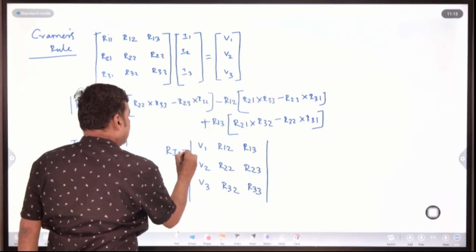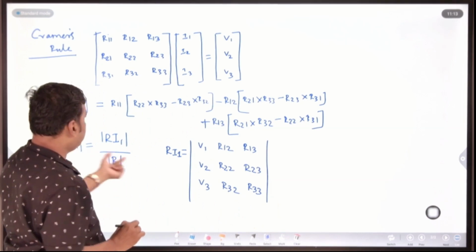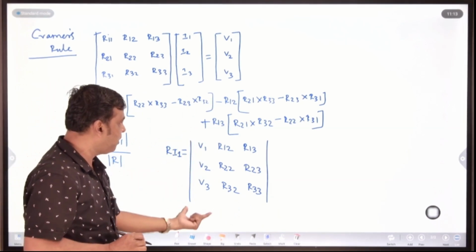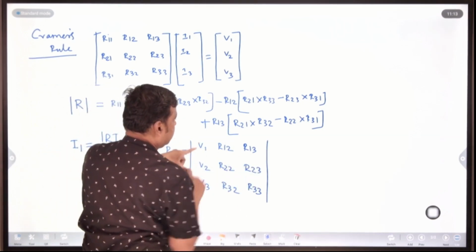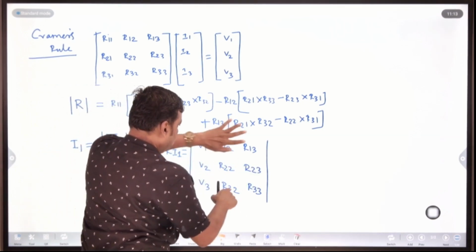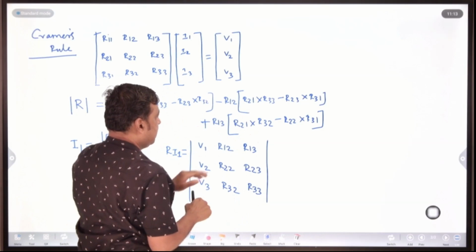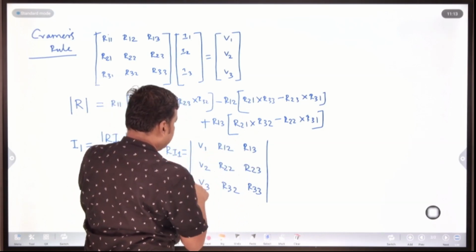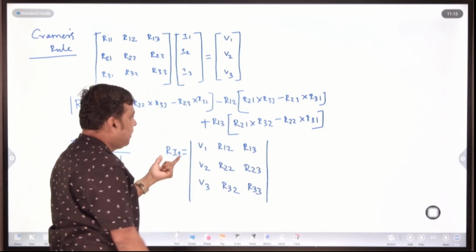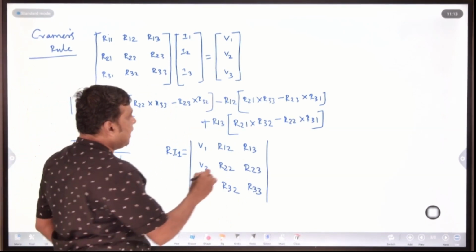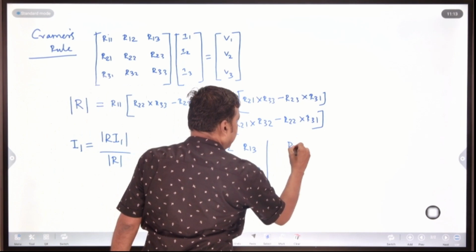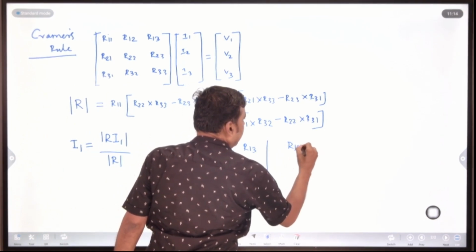So Ri1 equals this. To find the value of Ri1 using this formula: V1 whole into this minus this into this, minus R12 into this into this minus this into this, plus R13 into this minus this into this. In this way you can find out the value of Ri1. Similarly Ri2. How to calculate Ri2? Ri2 is nothing but what?